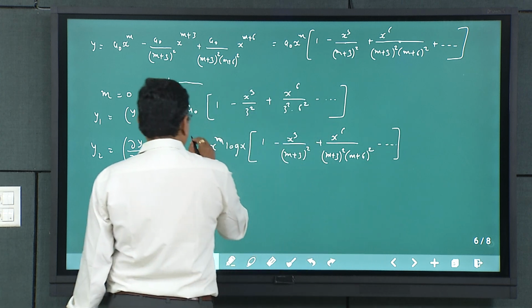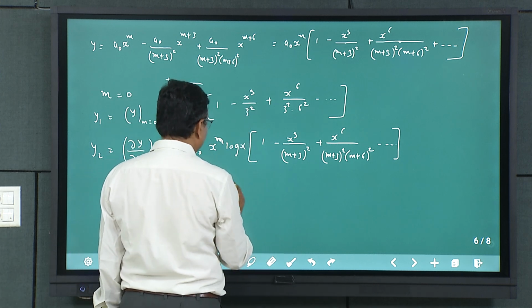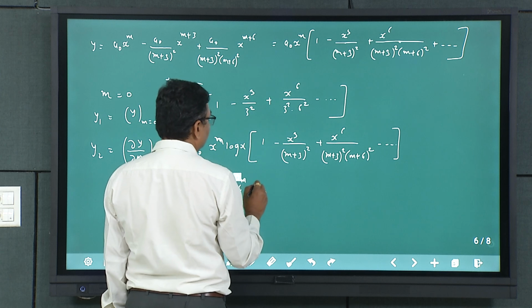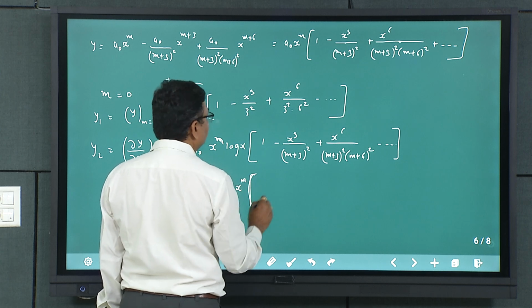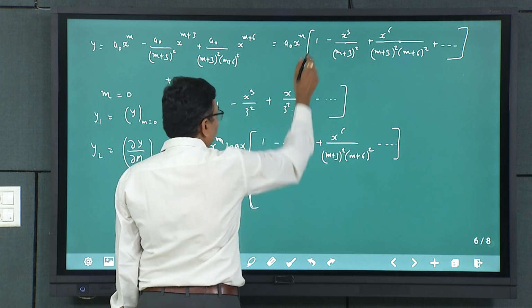So u into v rule I am using, plus a0 into x raised to power m as it is, and the partial derivative of this term with respect to m. So this will be 0.